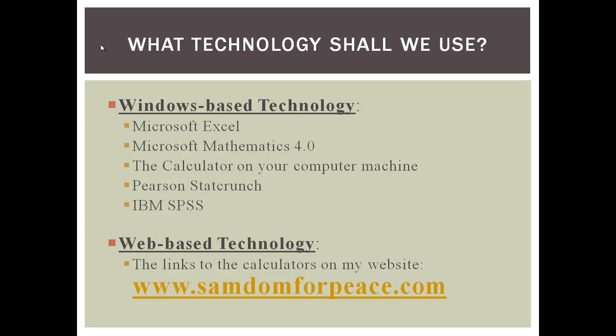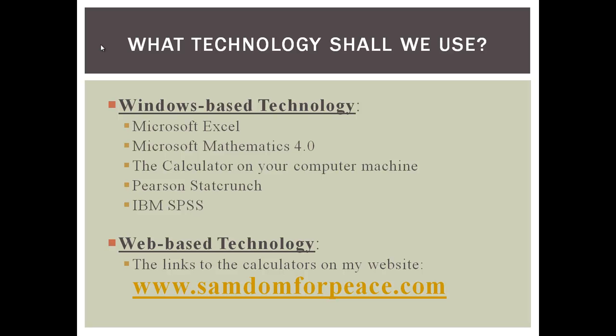Excel you have to buy, and I know you will still need it sometime if you're a statistics major. Microsoft Mathematics is free, so you don't need to buy it, provided you have a Windows operating system. I don't know whether they might have a version for Mac, but I will talk about it when we get to that. Then the calculator on your computer machine, of course, is free. It comes with your machine.